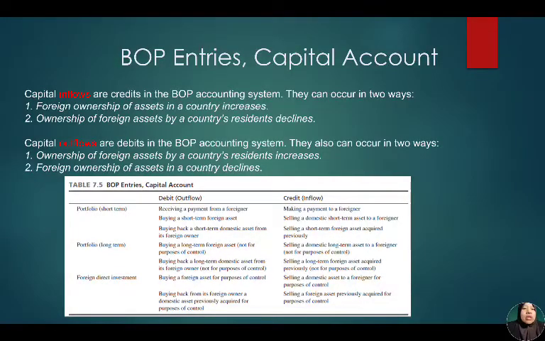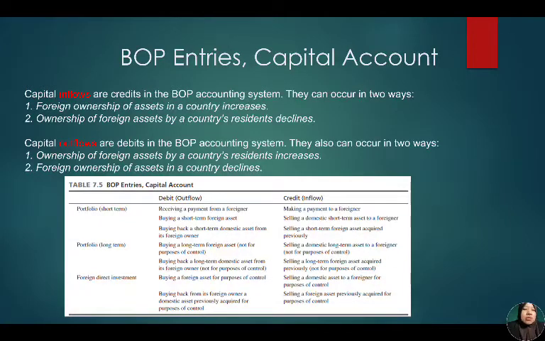A capital inflow, a credit inflow, means our country will receive money or credit. It can occur in two ways. Foreign ownership of assets in a country increases, so we get the money because a foreign company invests in our country, or ownership of foreign assets by a country's residents declines.